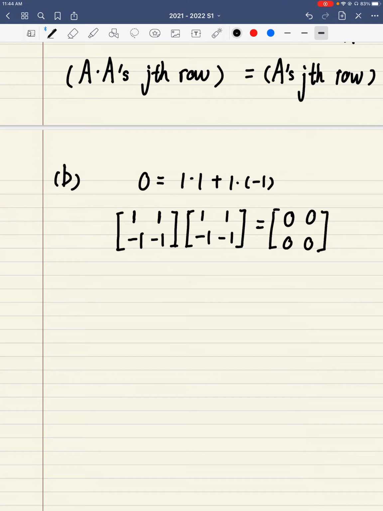So this is a very clear example that the matrix doesn't have to contain any 0 column, but the matrix multiplication could be all 0. So it's a counterexample.